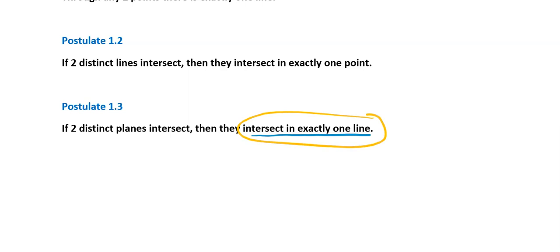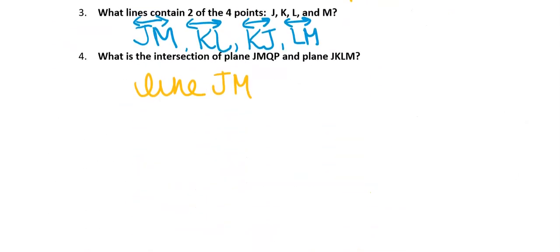If two lines intersect, they have exactly one point in common. Every single thing that you do in geometry goes back to these postulates, which makes them very, very important. The more you look at them, the more you know them, and the less you have to look at them later. So please be aware that you should be using them, not just writing them down and never looking at them again.